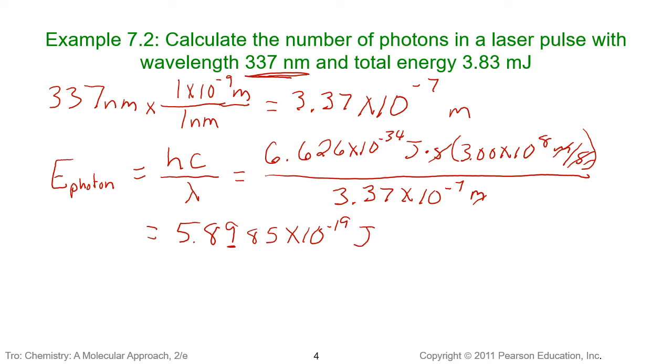Well, we're not quite done. So that's the energy of one photon, but we're trying to figure out how many photons. So we're going to convert our millijoules to joules. So the total energy was given to us.